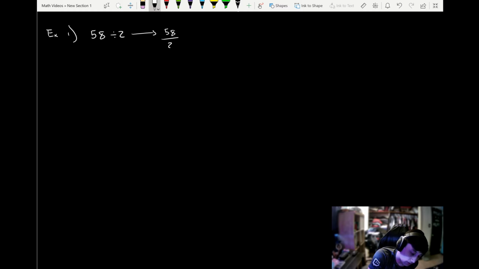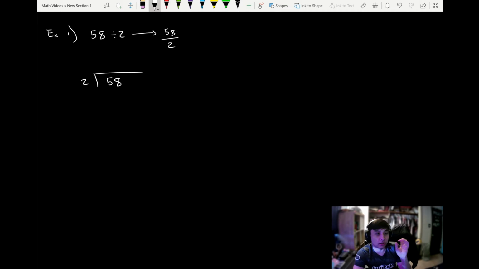Right, and those mean the same thing. But so when we do long division, we actually use that sideways L sort of bracket, the long division bracket. And so this is what we do. So 58 is the dividend, so it goes inside the bracket, and 2 is the divisor, so it goes here.